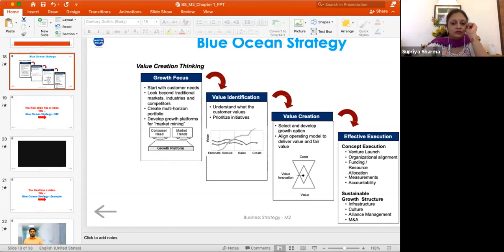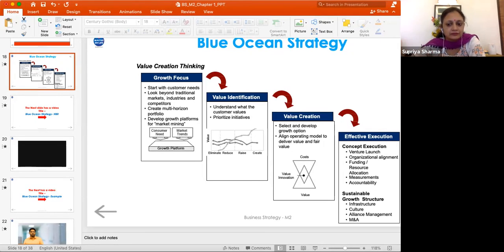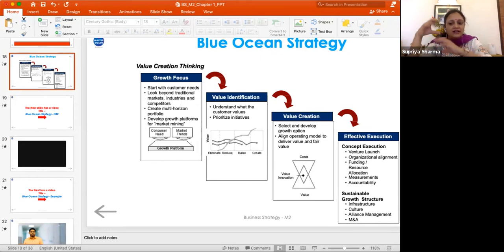Cost and value. And there lies the value innovation. It's always a product, somewhere an amalgamation of the intersection of these two. Cost, which I'm incurring, value that I am delivering. The intersection of two, there the value innovation will happen.